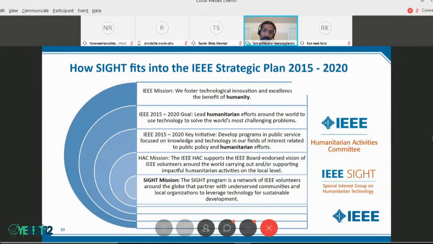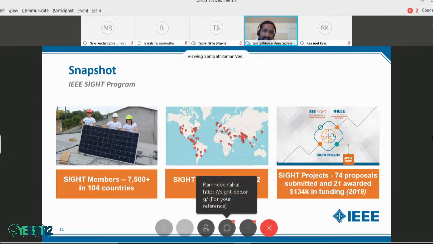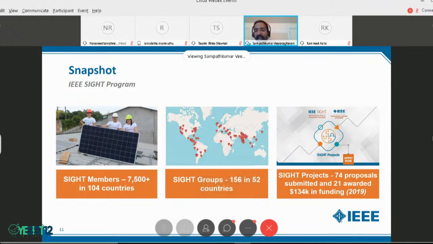Now we spoke about what SIGHT is, and how SIGHT fits into the larger vision of IEEE. Now let's talk about how significant SIGHT is as a program, right? SIGHT had 10,000 members in 2019, and as you all know, the membership gets reset every year. In fact, we are growing at a much faster pace, 7,500 within the first 4 months in 2020.